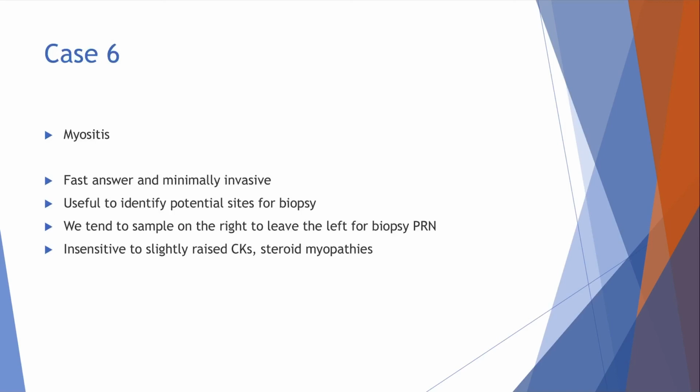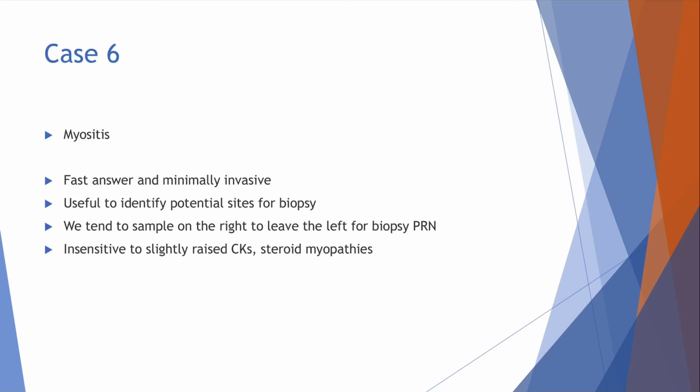There's always a question as to at what point EMG is useful for studying myopathies. CK levels, personally I haven't seen a positive EMG when it's less than maybe 1,000 in my own experience. I've tried to find any data in the literature about this. I haven't found any hard and fast data.